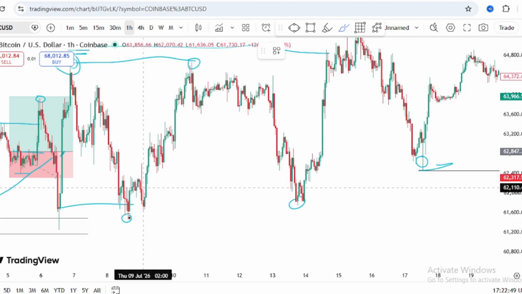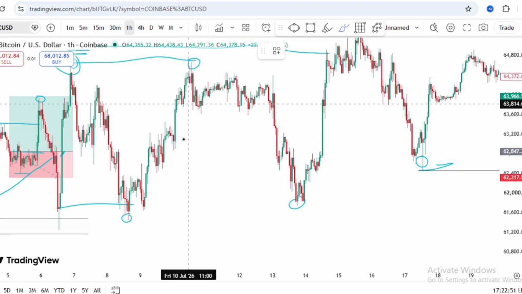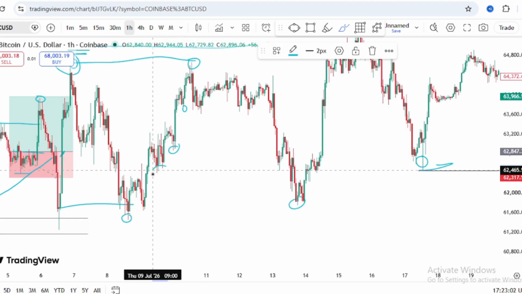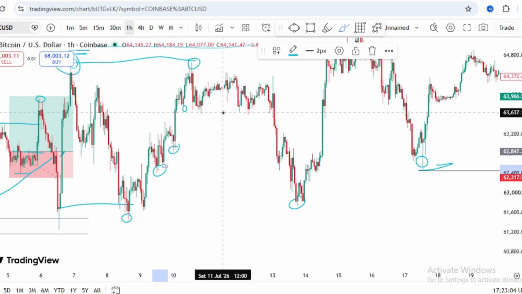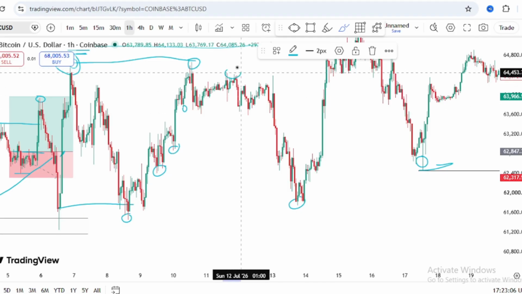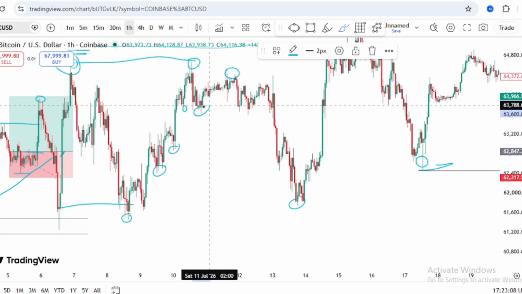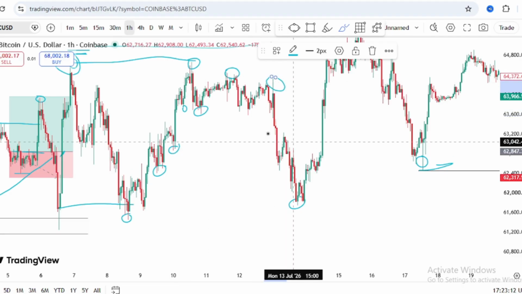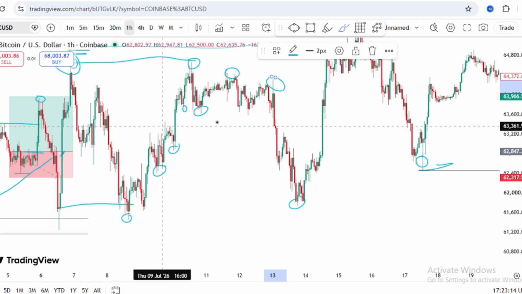Just like in this move now, in this impulsive move, we have areas where liquidity is formed, like here, here, here, and several places, like all these swing points are marked.